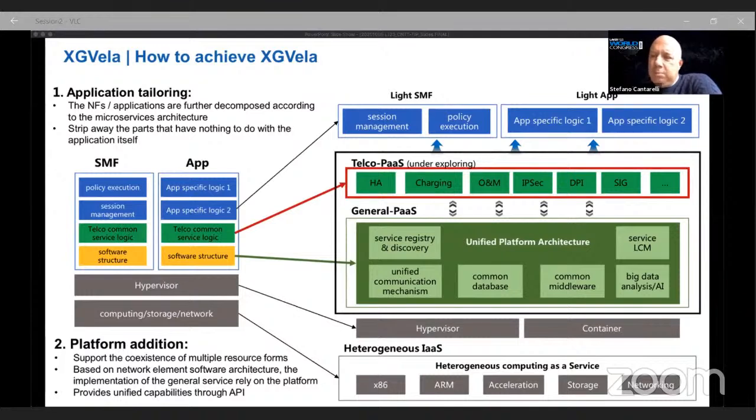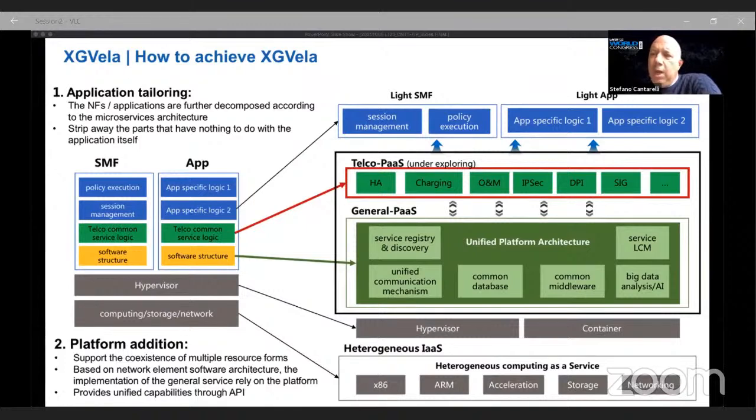So Mavenir has been participating in all these entities, in TIP, in CNTT, and so on. But specifically because we're talking mainly about core here, we have been contributing to XGVela, where we have worked very hard to define what we call a Mavenir Telco Cloud integration layer, which you can see in the picture with the red frame.